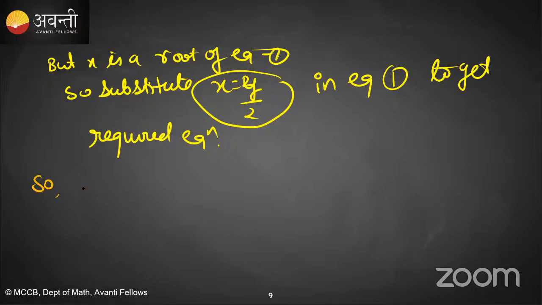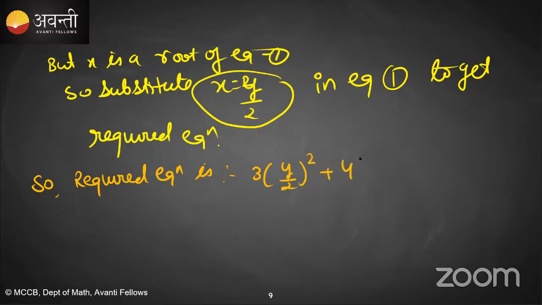So the required equation is, substitute x as y by 2 in the given equation: 3 into (y by 2) whole square plus 4 into y by 2 plus 2 is equal to 0. Is this clear?